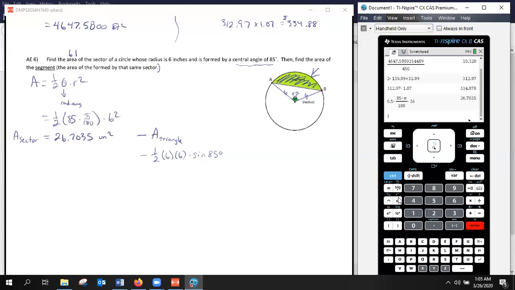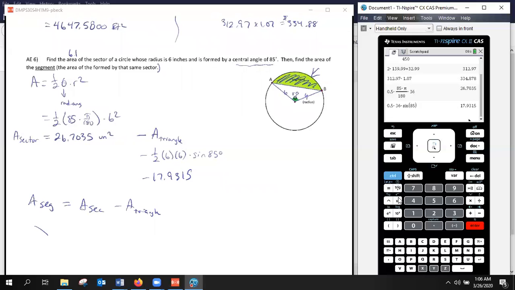So I'm going to put in 0.5 times 36 times the sine of 85 degrees. Now I'm in degree mode, so it doesn't matter if I have this in radians or degrees. So I will be subtracting out 17.9315. So the area of the segment is going to equal the area of the sector minus the area of the triangle.